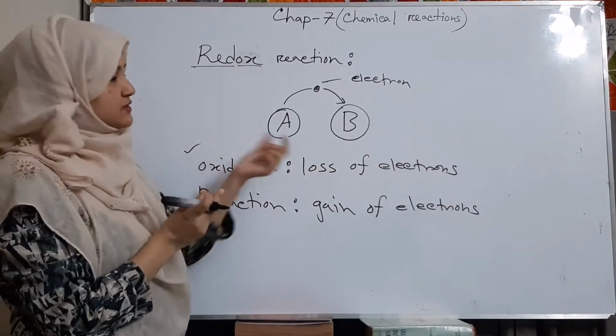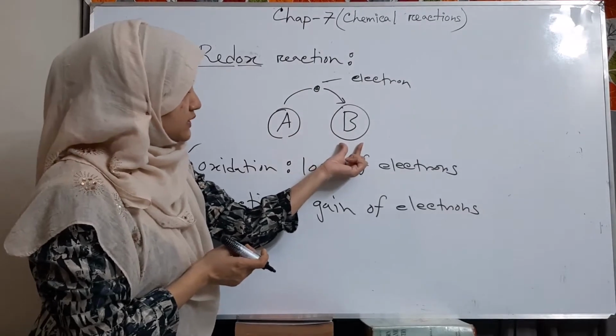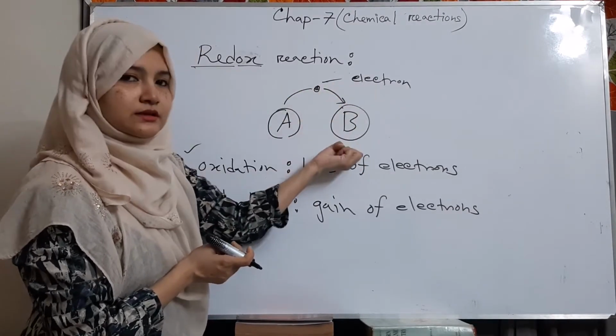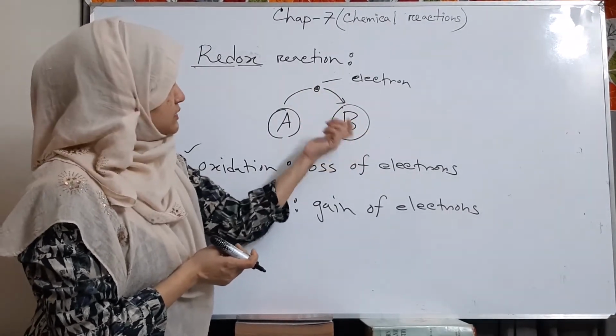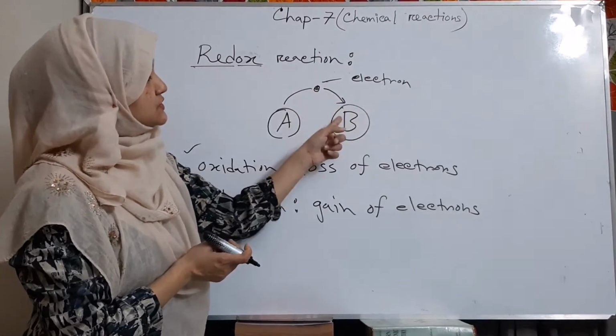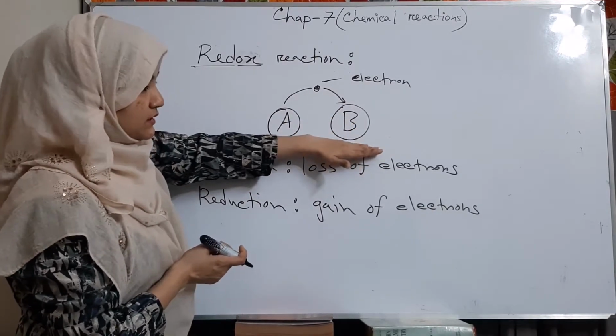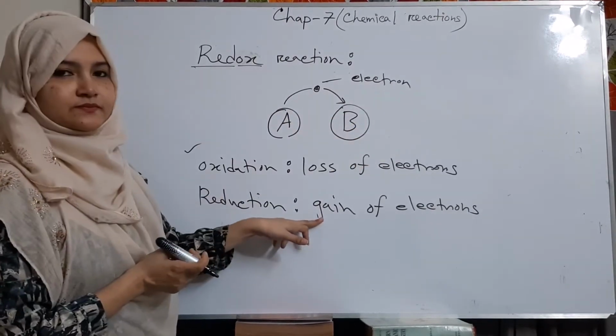On the other hand, atom B is receiving electrons, that means it is gaining an electron. That means in atom B, reduction takes place.